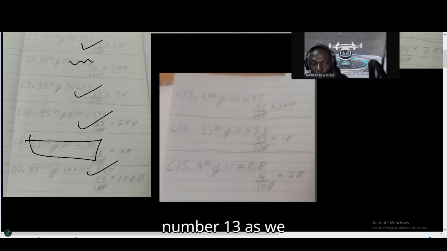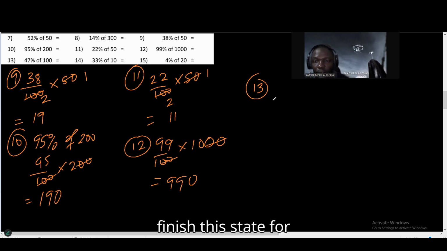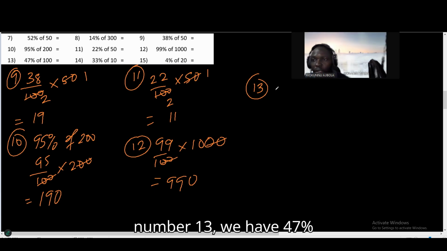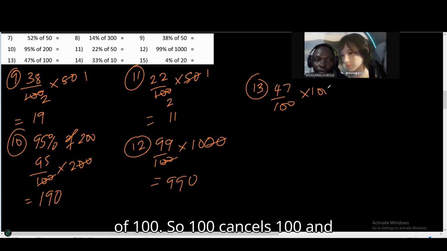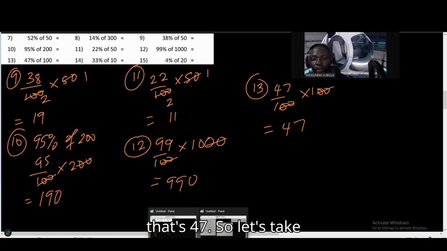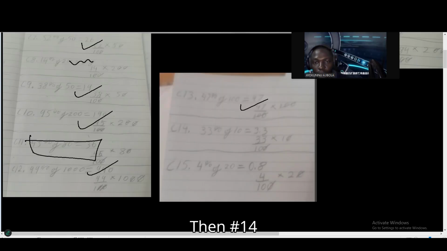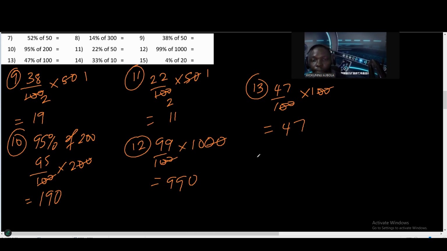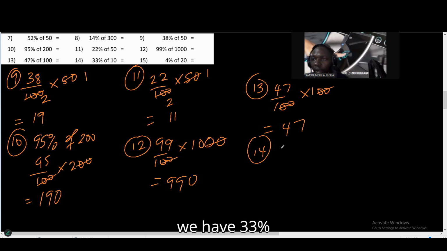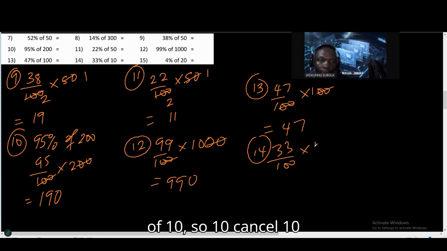Then number 13, as we prepare to finish this stage, for number 13, we have 47% of 100. So 100 cancels 100, that's 47. So let's take note of that. That's 47. Then number 14, we have 33% of 10.